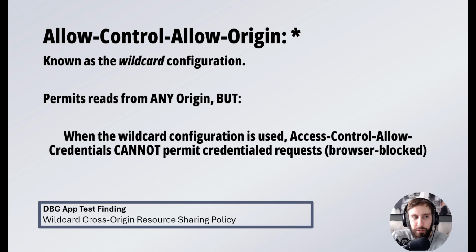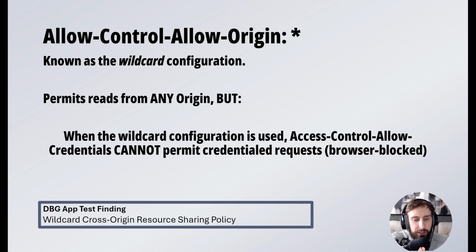The next configuration for the Access-Control-Allow-Origin header is what is known as the wildcard configuration. Again, the asterisk, and this permits reading. This now allows CORS from any origin, but there's a really big caveat to that. I don't think this was always the case.